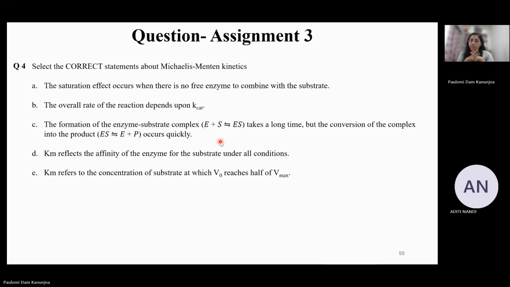Okay. A and C are correct. A and B and E are correct.